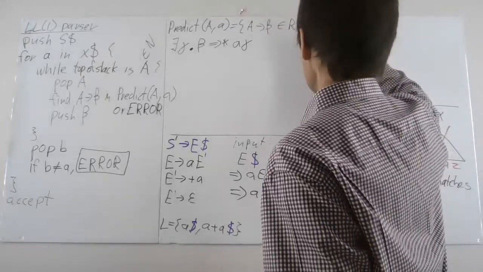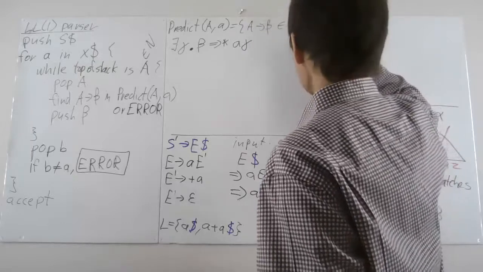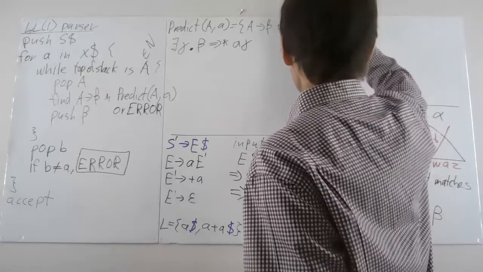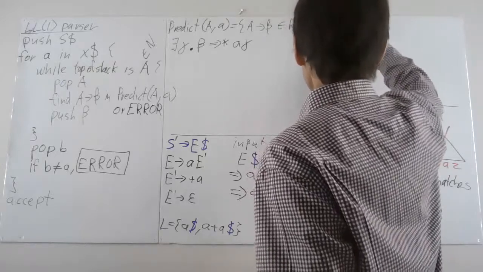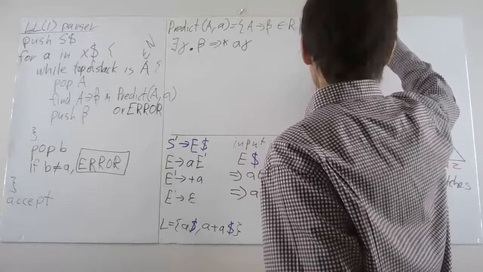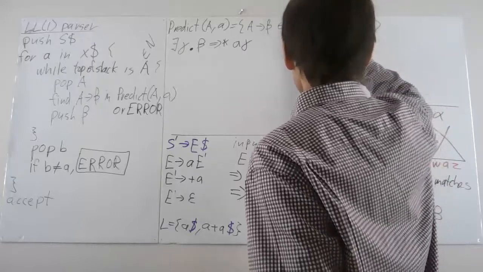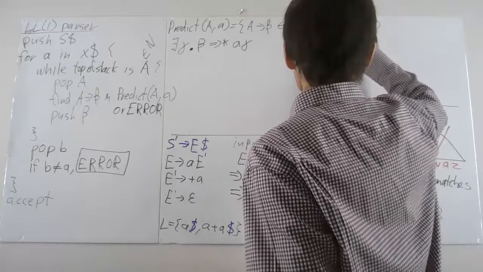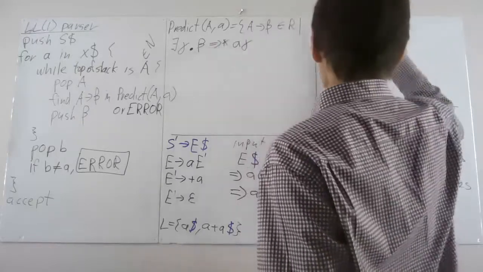So let's see, how did I want to do this? I'm going to say A is in the first set of beta, and I need to define the first set of beta, which is really just this definition.